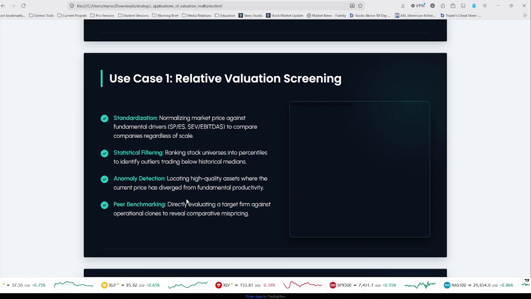This is directly evaluating a target company against, and notice it says clones, basically the exact same type of company. But you want a group of companies. I try not to go with just one or two companies. I try to have at least three competitors or better, and you can start to go that way.